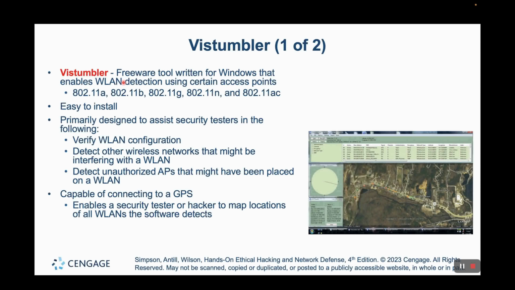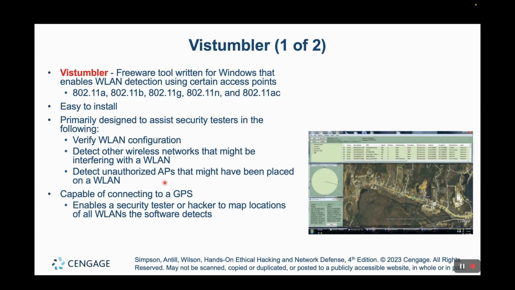It's a freeware tool written for Windows that enables wireless LAN detection for all these Wi-Fi standards here. Easy to install. It's primarily designed to assist pen testers in verifying the wireless LAN configuration, and detecting other wireless networks that might be interfering with the wireless LAN and causing it to slow down, for example.